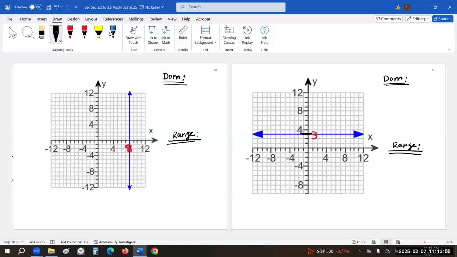Ask them, what do they think? Remember, domain is the x, range is the y.